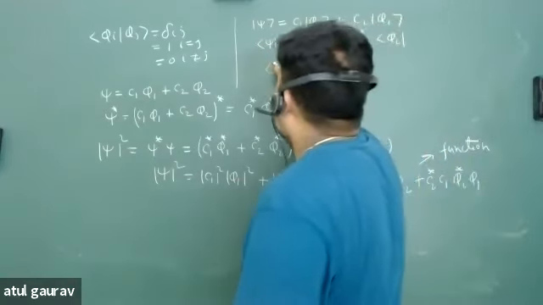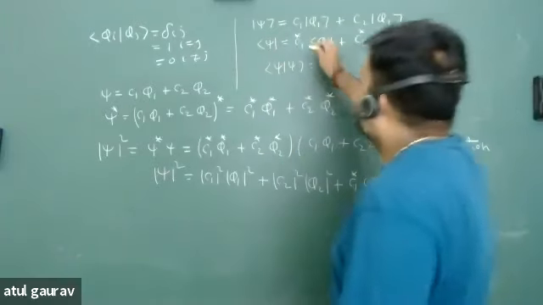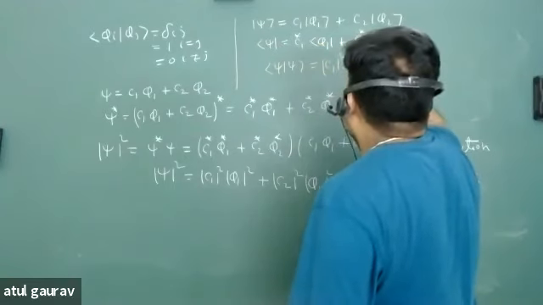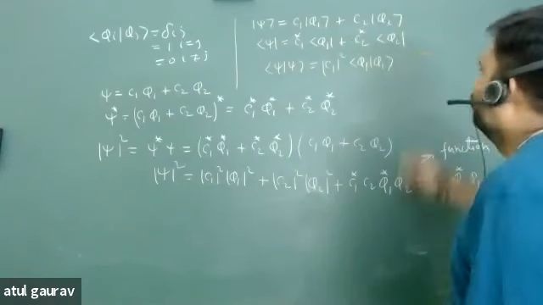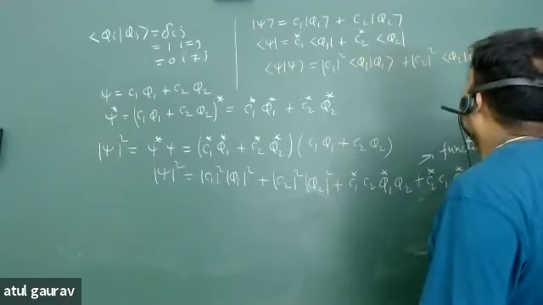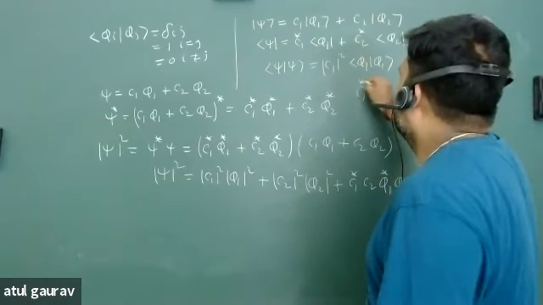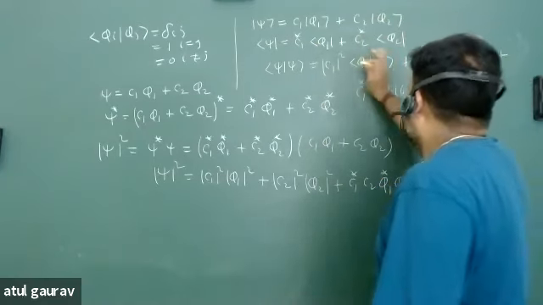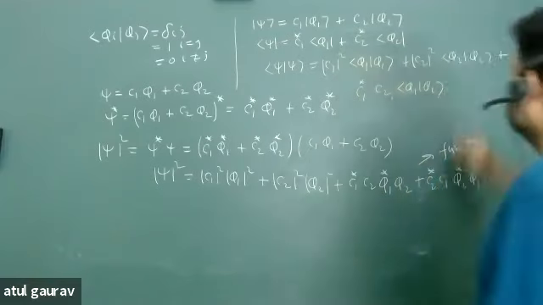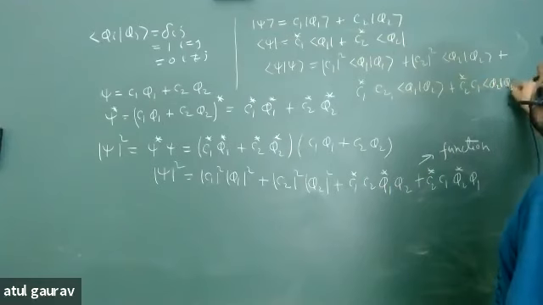If I am writing psi with psi, then you have C1 star C1, that is a number, mod C1 square phi1 phi1, plus mod C2 square phi2 phi2, plus the cross terms C1 star C2 phi1 phi2 plus C2 star C1 phi2 phi1.